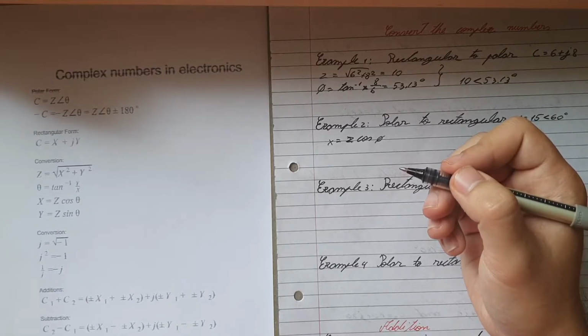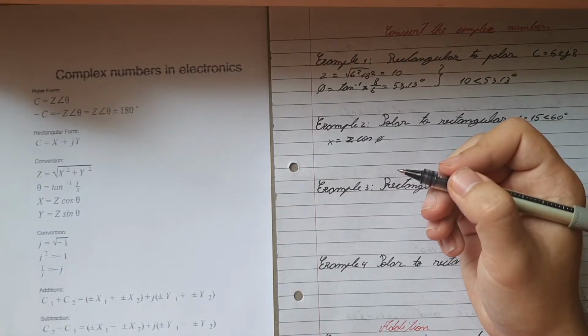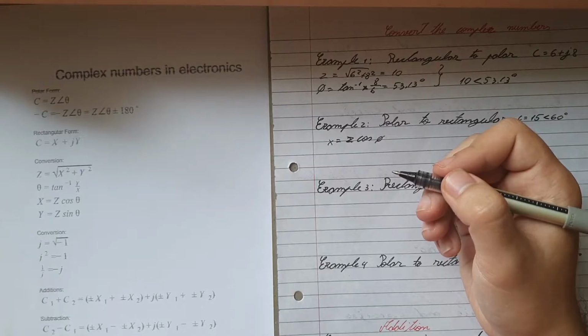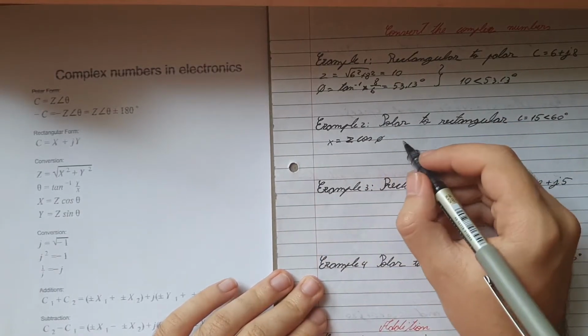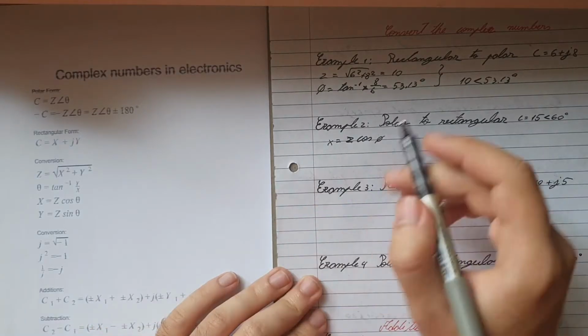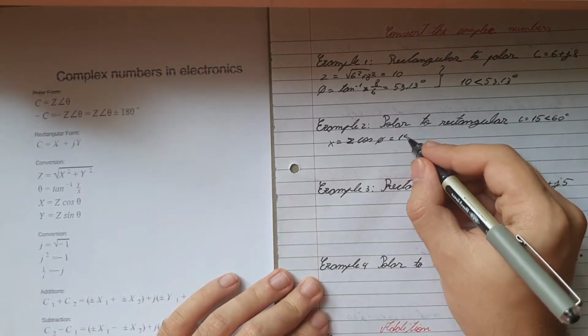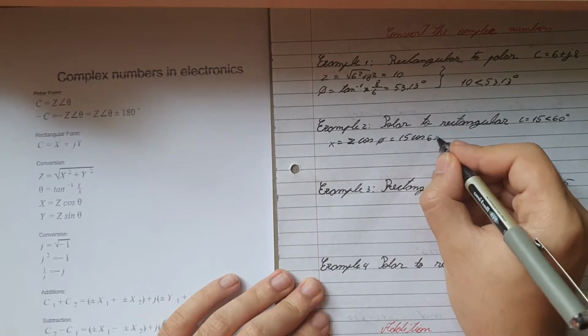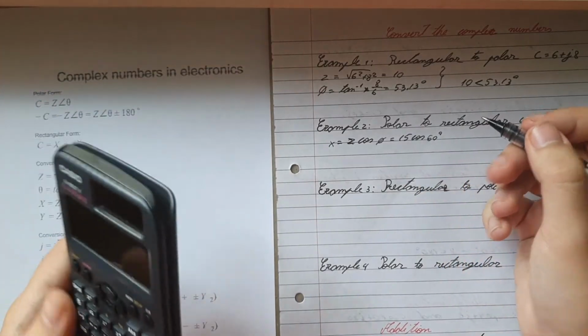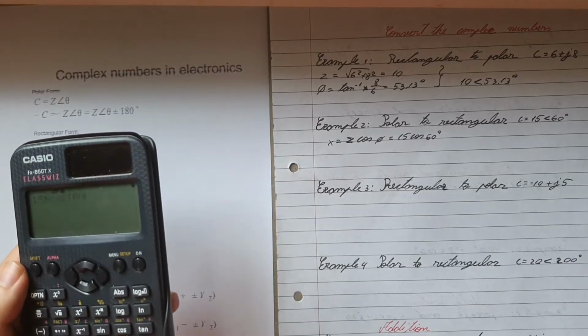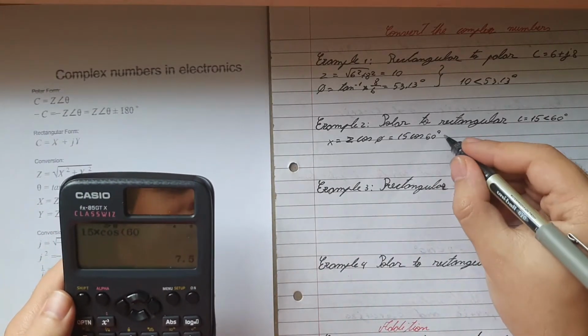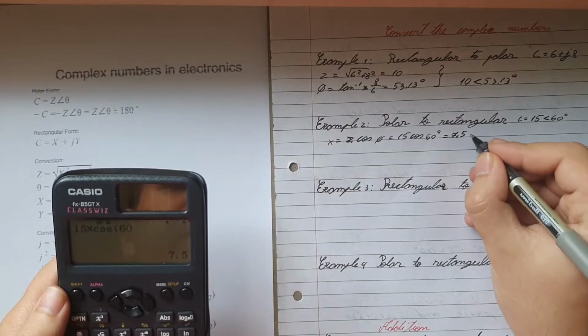When I was doing the AC circuits, I was doing these conversions so often that I just memorized them at this point. But anyway, x is equal to 15 cosine of 60 degrees. So 15 times cosine of 60 will be equal to 7.5.